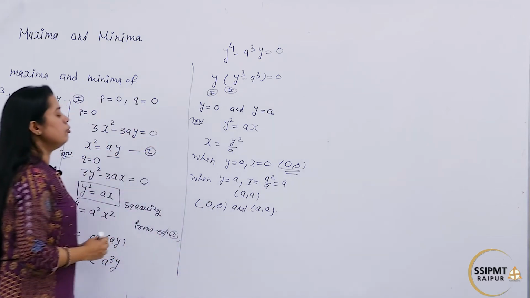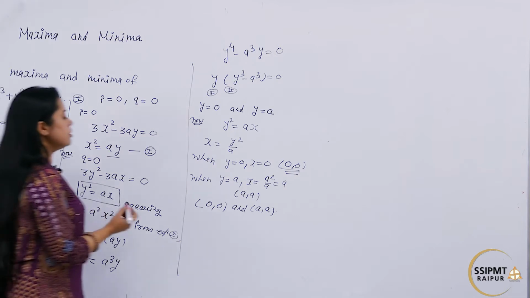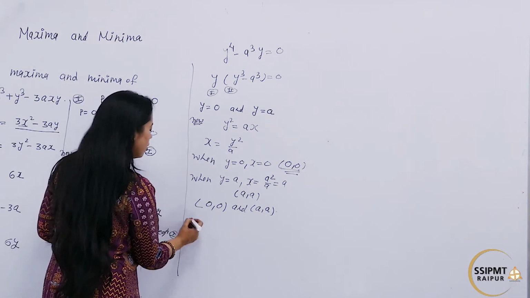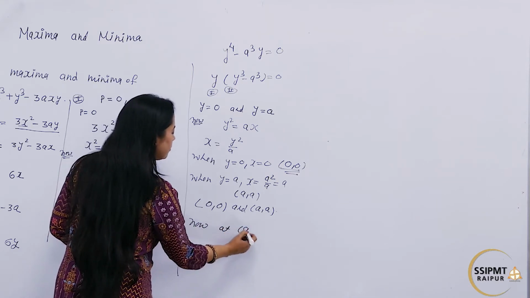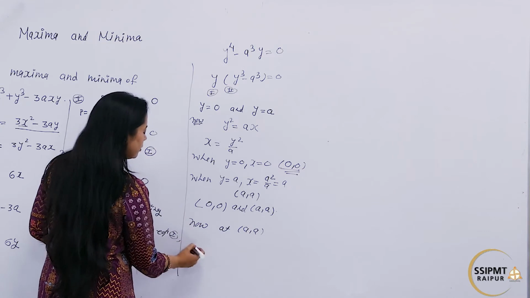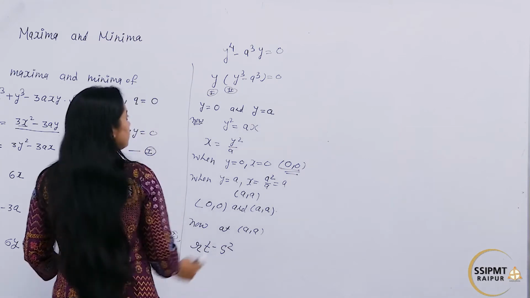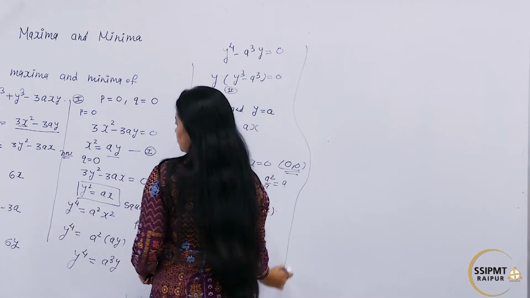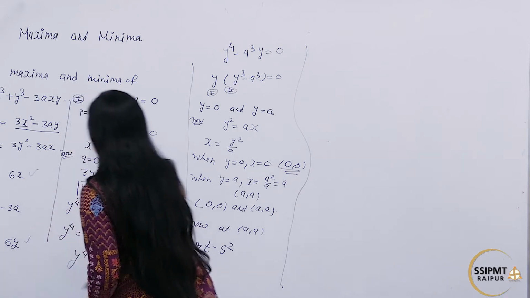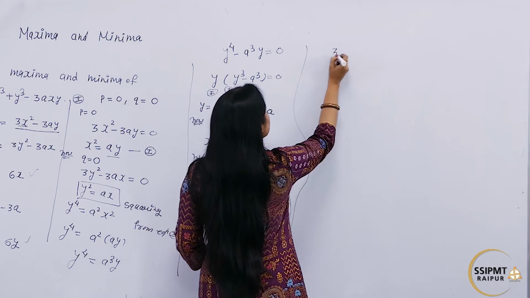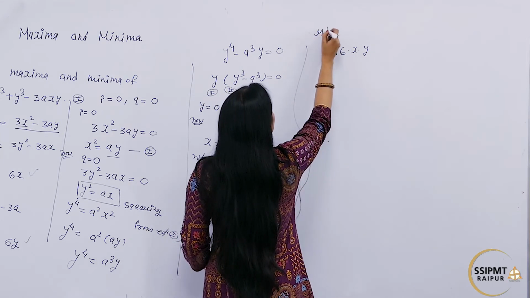Now we check the values of rt minus s square and r to discuss maxima and minima. First we take the point (a, a). At (a, a), what is the value of rt minus s square? R was 6x and t was 6y, so rt will be 36xy.